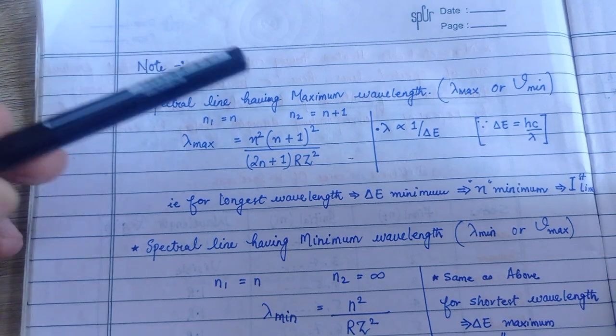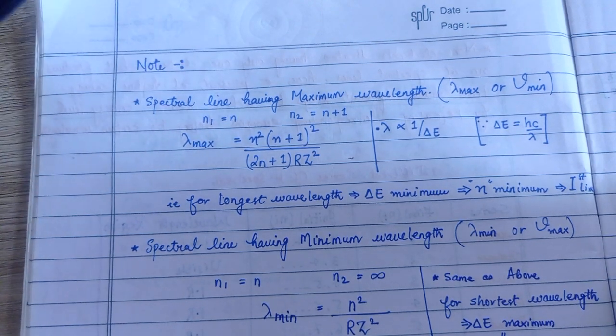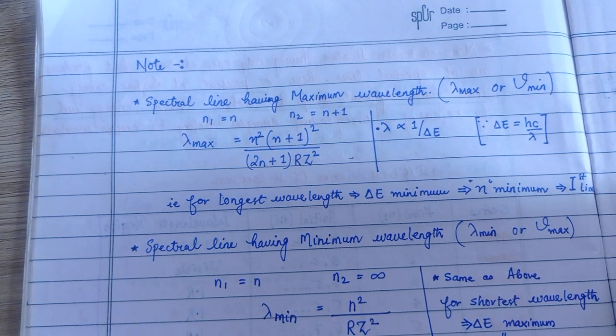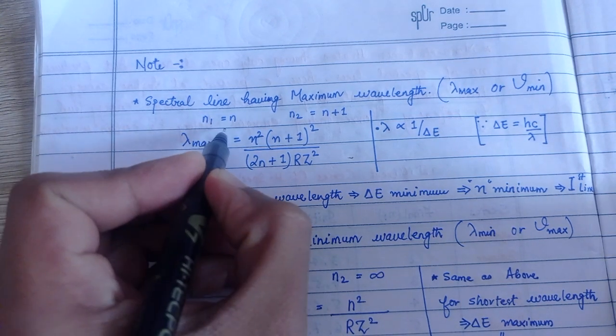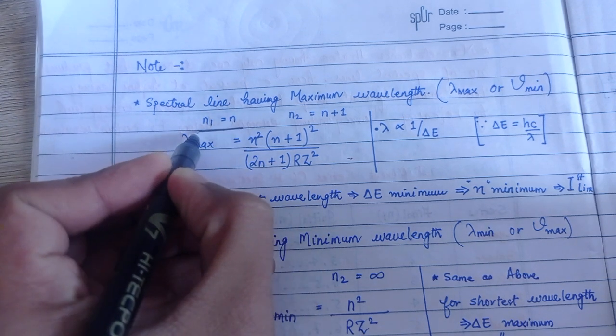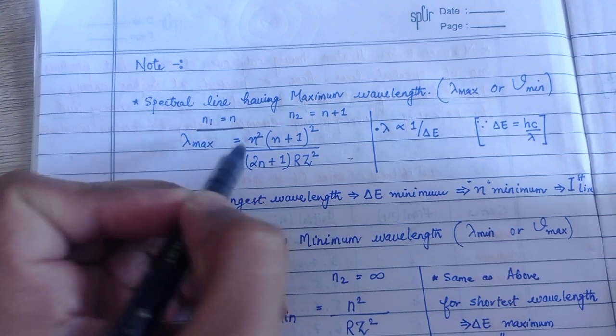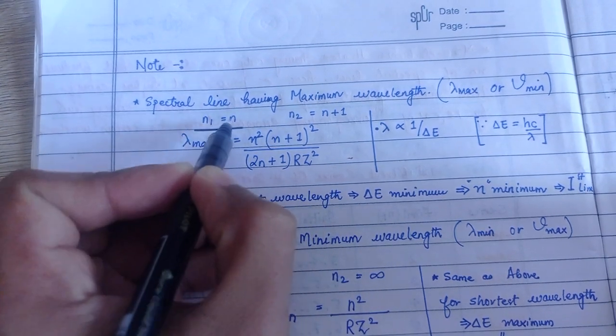A spectral line having the maximum wavelength. If we have to calculate the spectral line of maximum wavelength, it means we have to consider the first line. So let's assume for a particular series the first line is n.